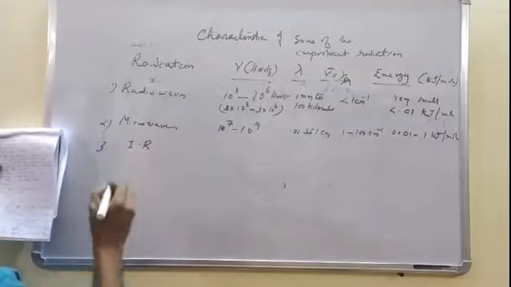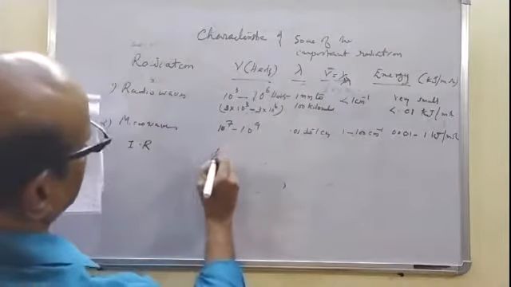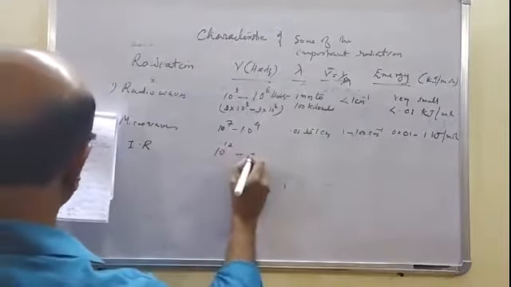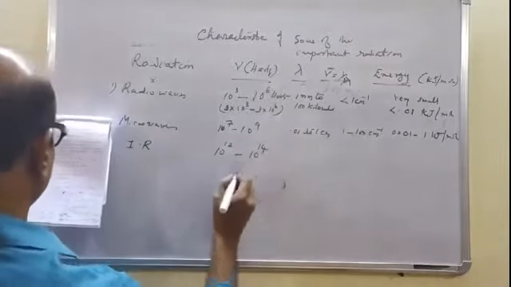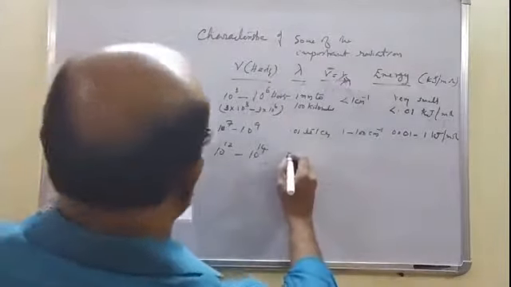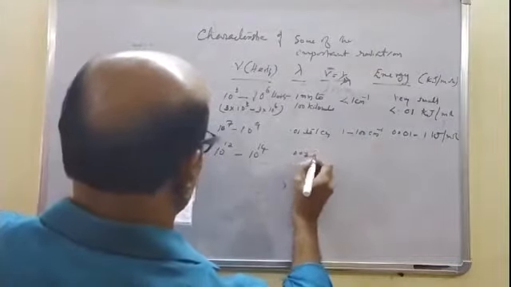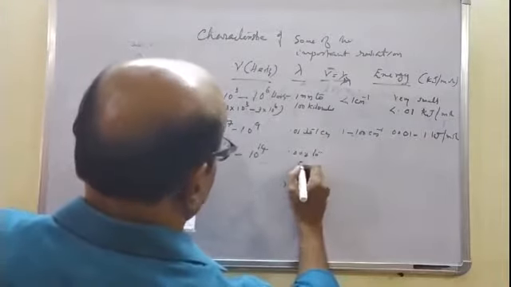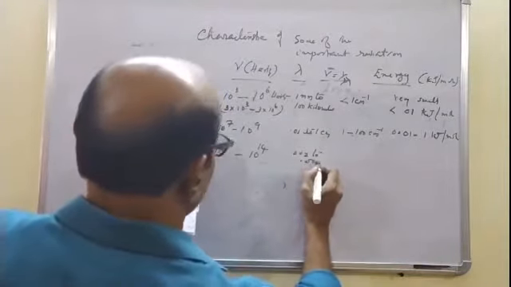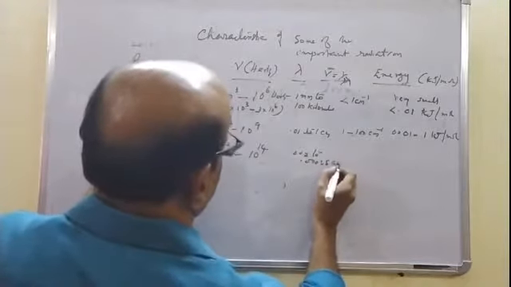IR radiation. That is cycle increases 10⁻¹² to 10⁻¹⁴ cycles per second, and wavelength decreases 0.002 to 0.00025 centimeter.